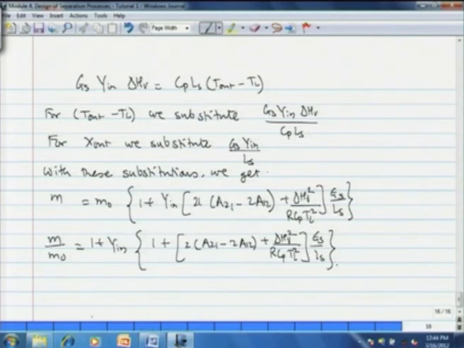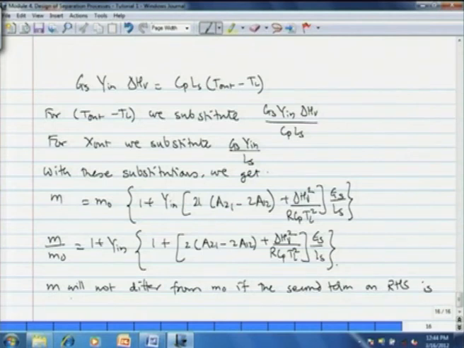Okay. Now, M will not differ from m naught if the second term on right hand side is small in number, or numerical value, or negligible.